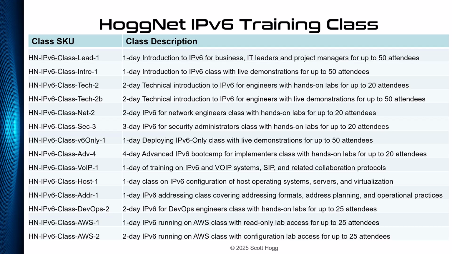HoggNet provides technical IPv6 training to teams based on their specific role and job function. The technical teams must understand recommendations and reasoning behind different IPv6 architectural and design decisions as they prepare for implementation. Hogg Networking offers a wide range of standard IPv6 classes to suit a variety of IT roles, responsibilities, and topics of interest.